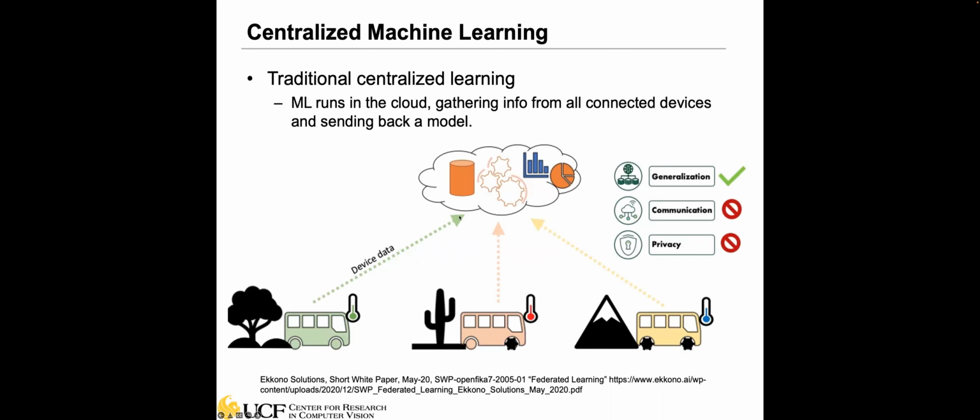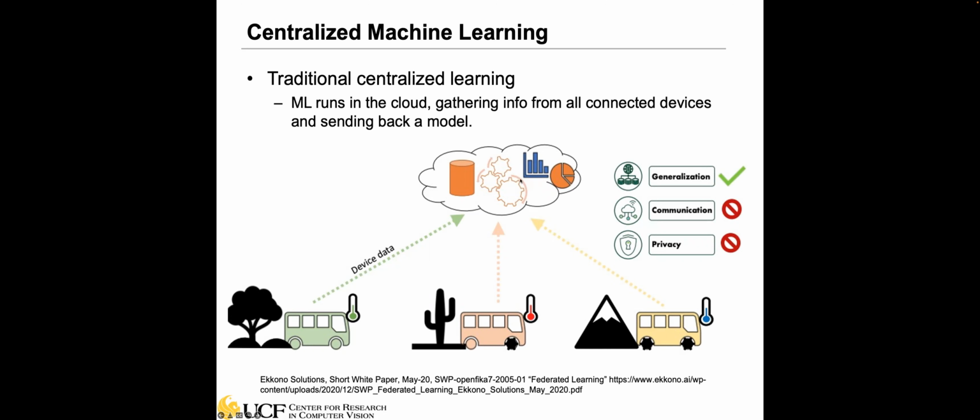So we're all familiar with traditional centralized machine learning, right? How do you train the model? To harness the big data, we have all these IoT devices. The centralized training way is that all these devices send the data to the cloud.